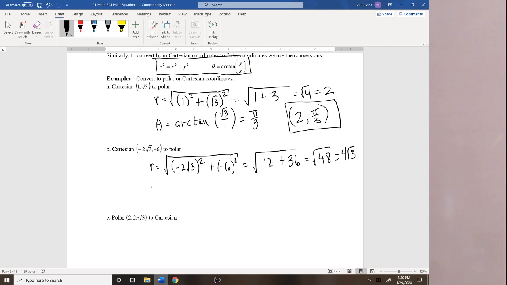And then our angle is going to be negative 6 over 2 root 3, or the arctan of negative root 3.